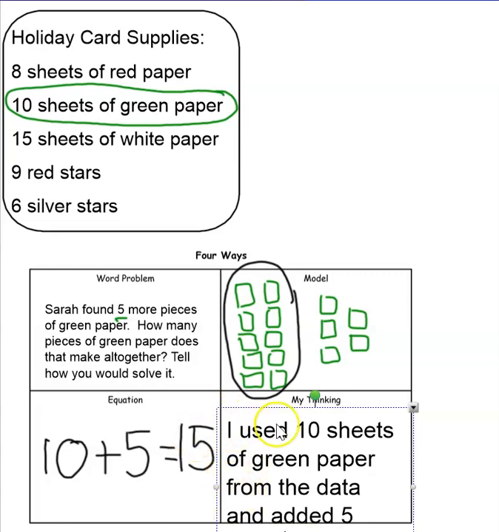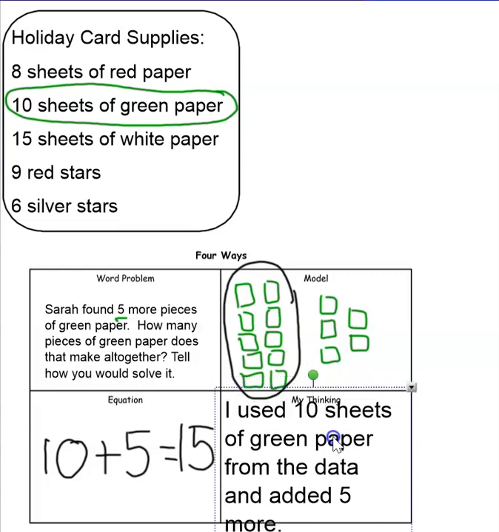Why did I add 5 more? Because that's how many that Sarah had, right? So I had 10 and added 5 more, which gave me 15.